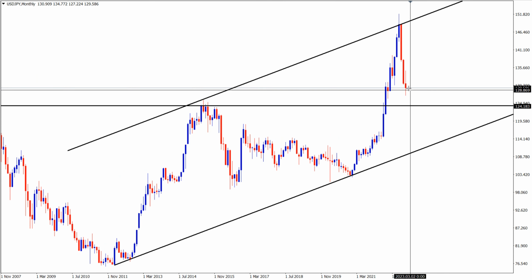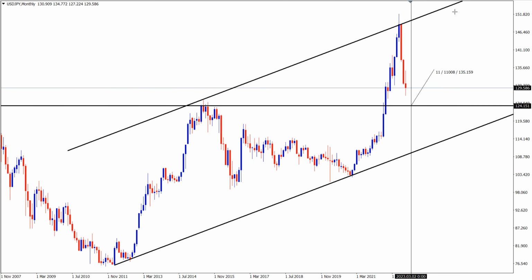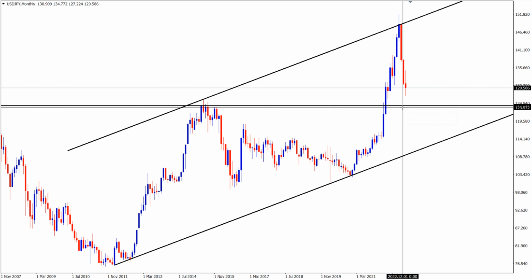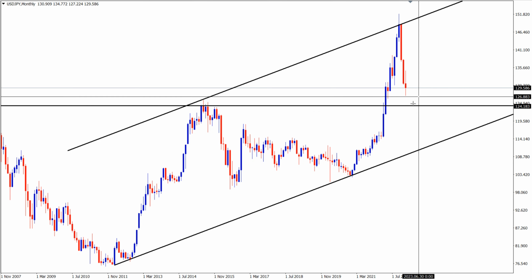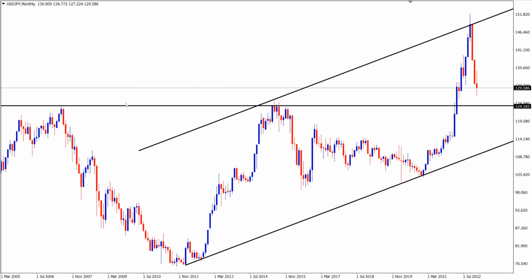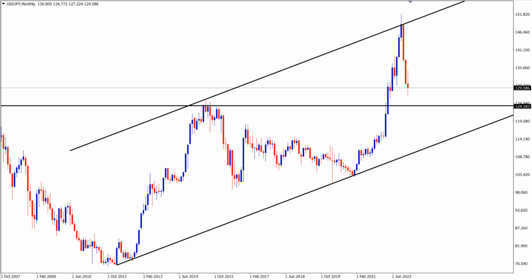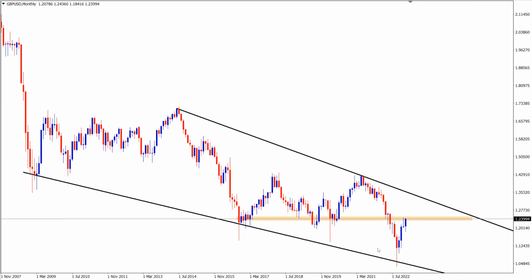USD yen can retest here and then rebound, but for sure USD Japanese yen will move up after hitting the 123 to 125 price range, because it is a strong resistance zone which might now act as a new, strong support area. And pound USD is also in the same situation.